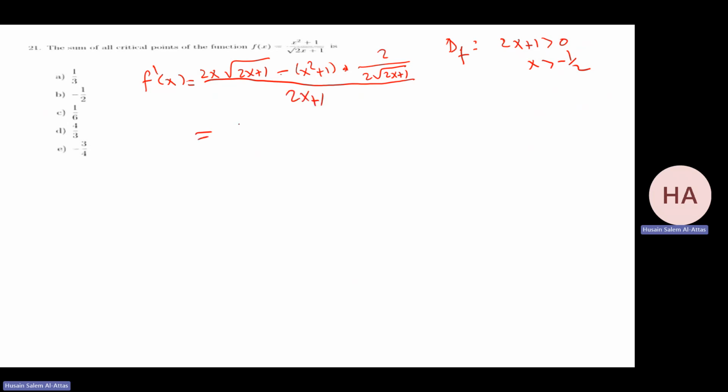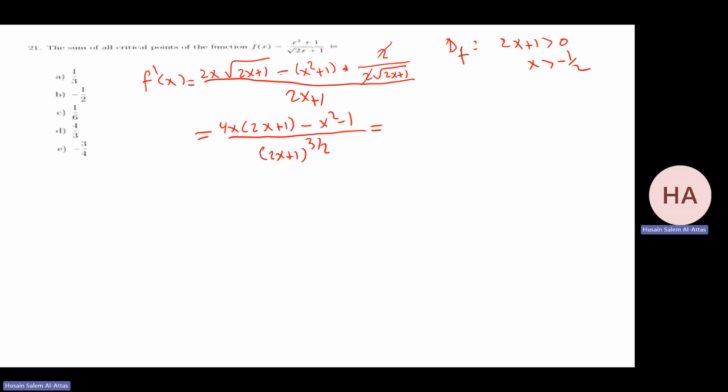So that gives me what? 4x times 2x plus 1, minus x squared minus 1, over 2x plus 1 to the power 3 over 2.